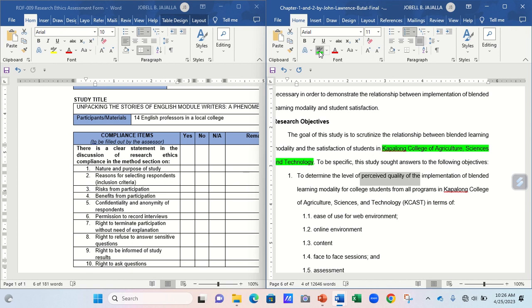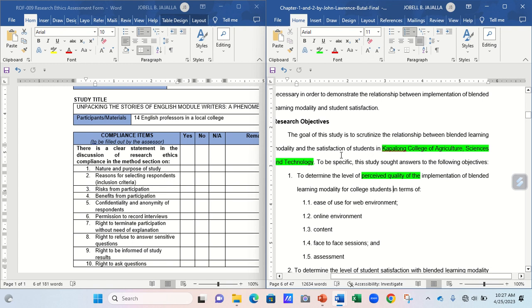Okay, so that is the edited part, for college students from all programs. College students in general.